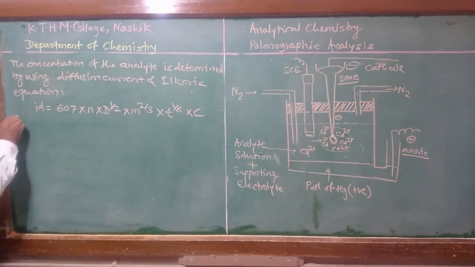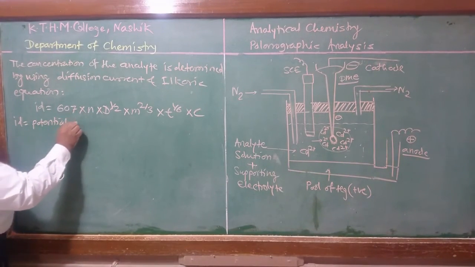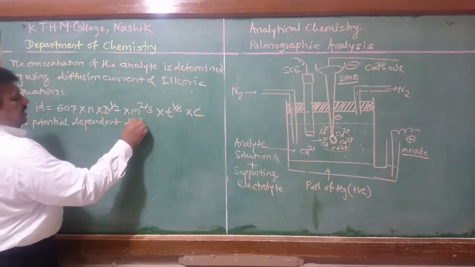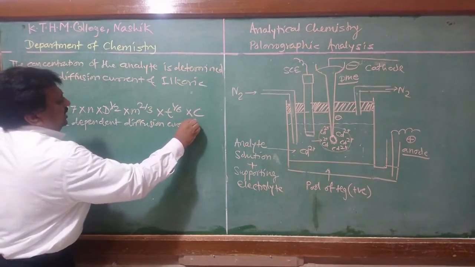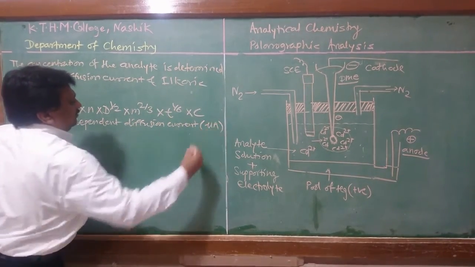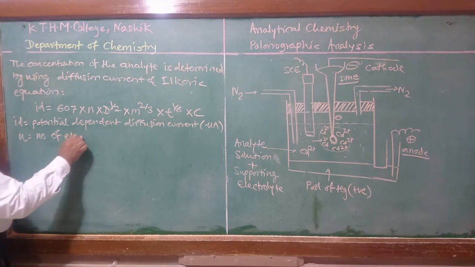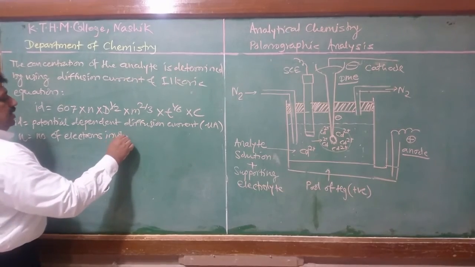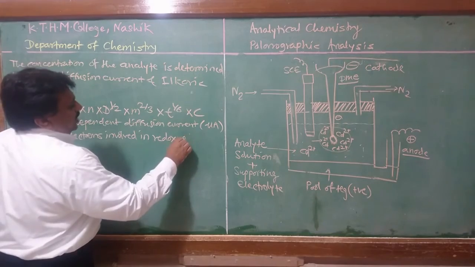where this ID is the potential dependent diffusion current, and it is measured in microampere. 607 is a constant, n is the number of electrons involved in the redox reaction. For cadmium it is 2.